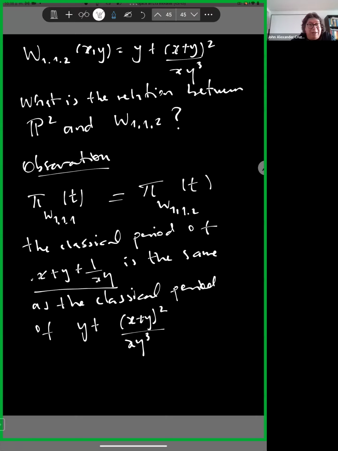And that's the reason why this polynomial is mirrored. But now, because this new Laurent polynomial has the same period, this means that this polynomial is again a mirror of CP2. So that's what we have.